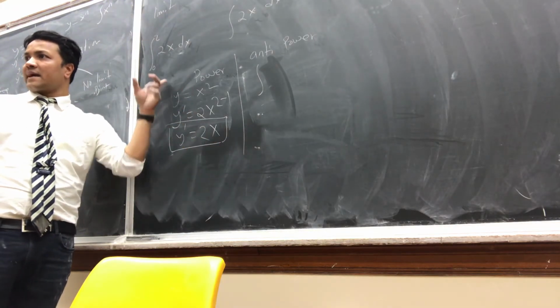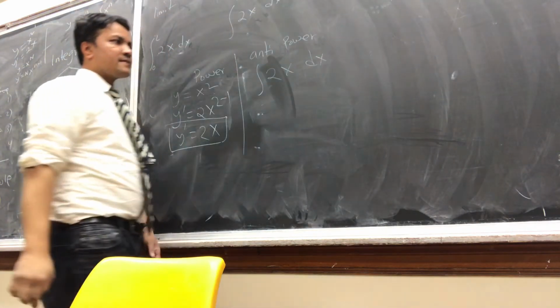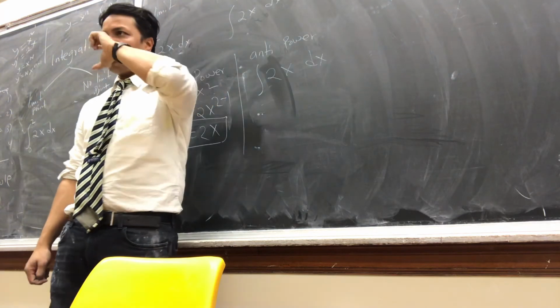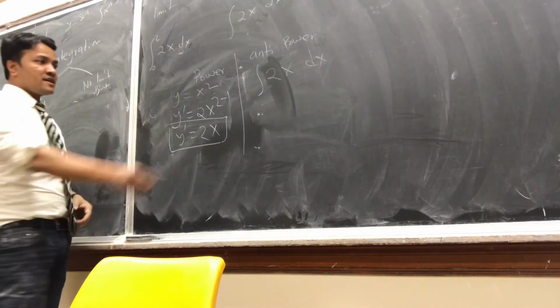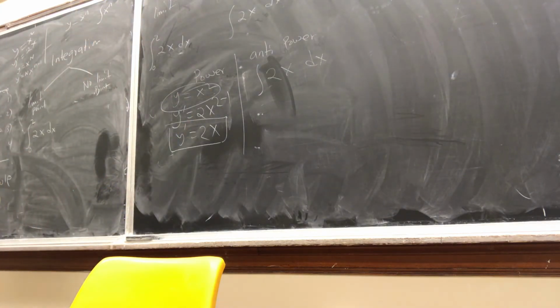Can you help me go back? We're gonna write 2x dx. The dx asks us to go back to where you came from, back to the position function, because this is your position function. In physics, because everything is physics, calculus was invented to solve physics problems, just to remind you.